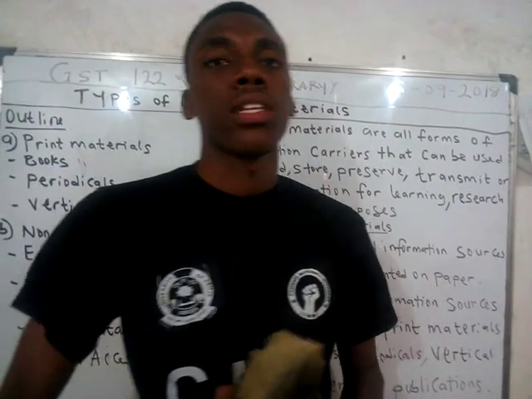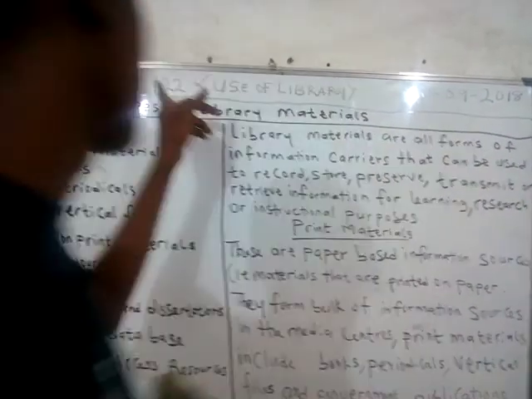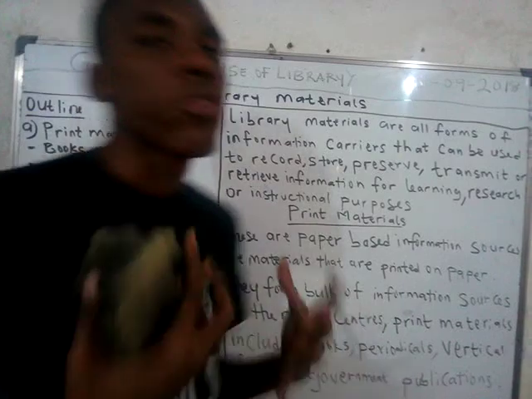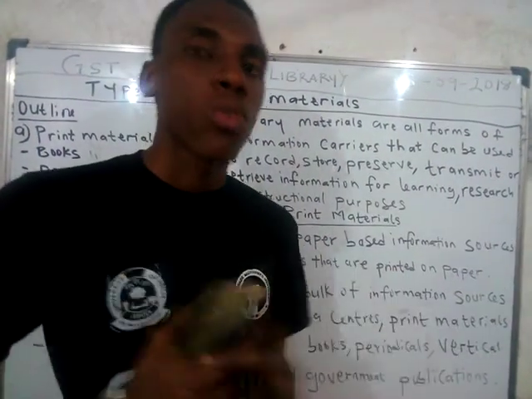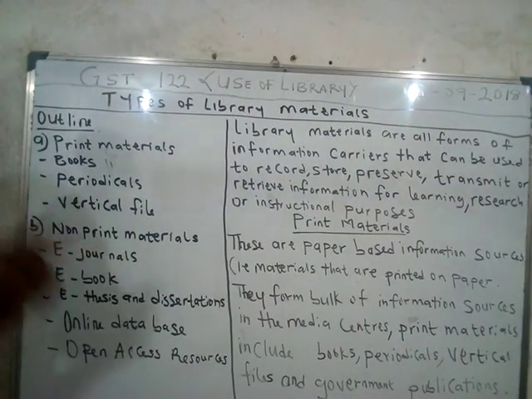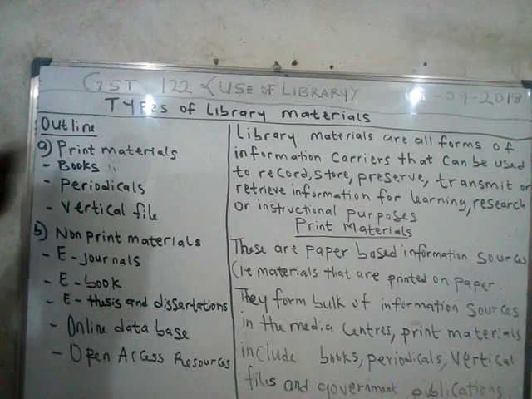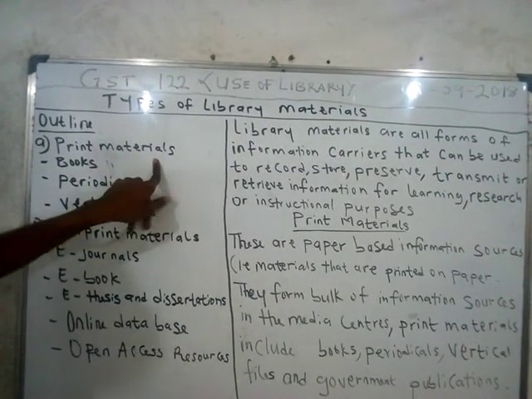Today we are going to be looking at the use of library, that is GST 122, and our topic for today is types of library. Now, our outline: first of all, we are going to look at two types of library materials. The first one is print materials.